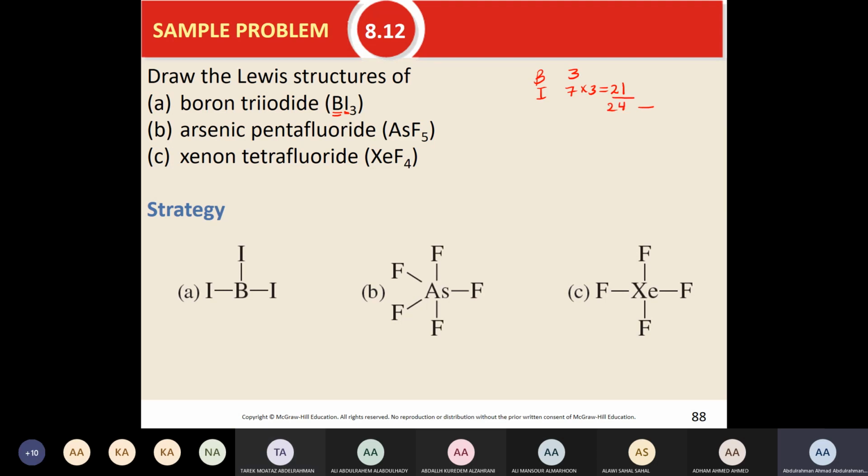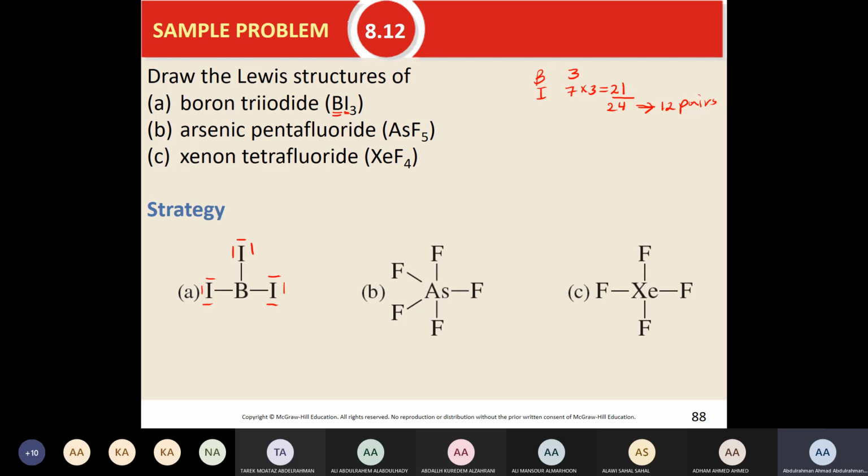This means how many pairs? 12 pairs. Very good. Now I already used how many pairs? 3. And then 4, 5, 6, 7, 8, 9, 10, 11, 12.